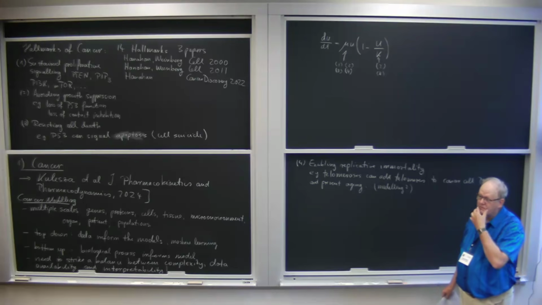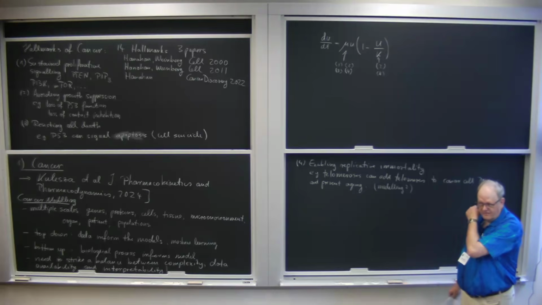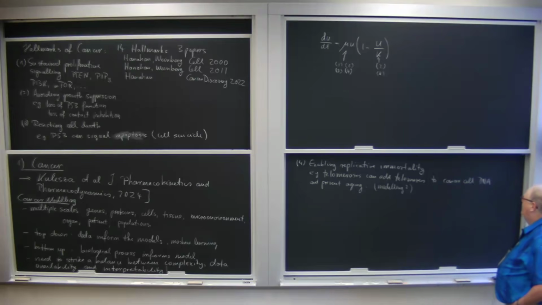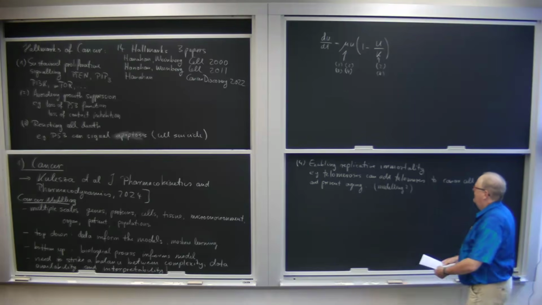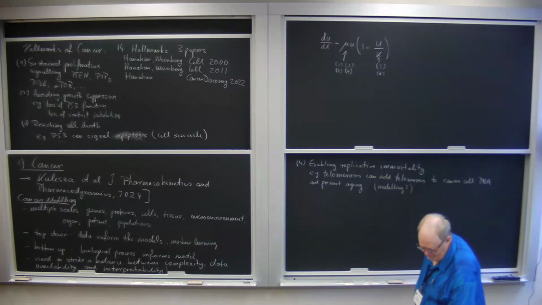My u is a cell density. So why would it appear in mu? Besides, it's a discrete process, right? It's 50 or whatever. It's not completely clear.